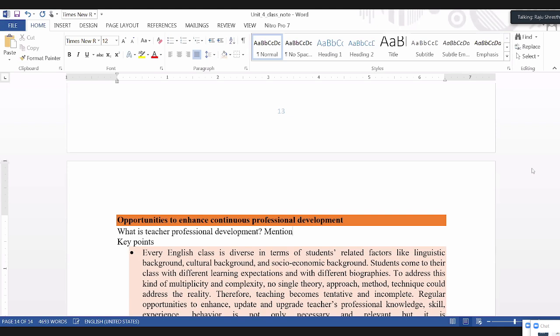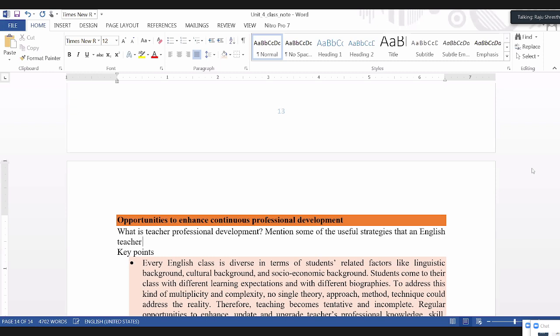Mention some of the useful strategies that an English teacher can do or apply to enhance his or her professional knowledge. Also describe any three strategies.